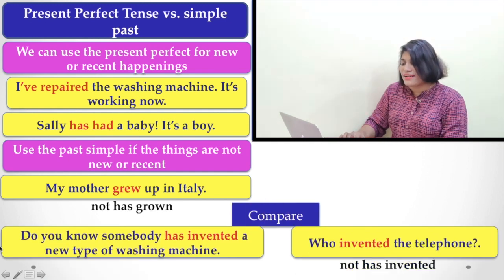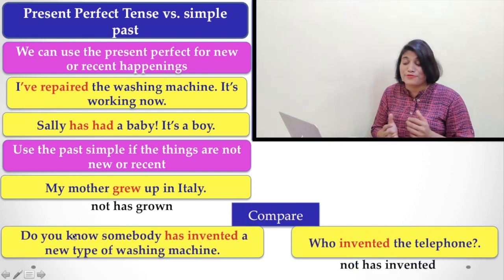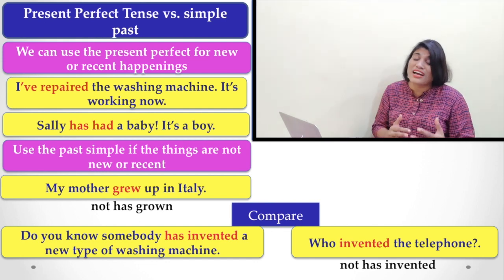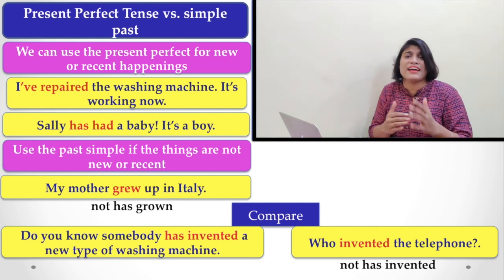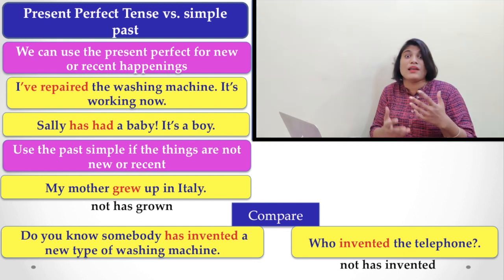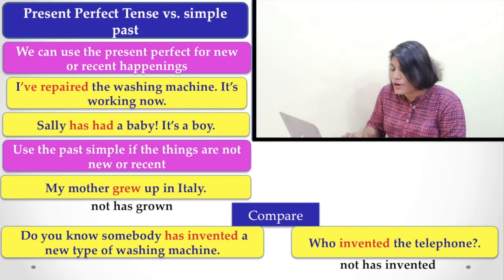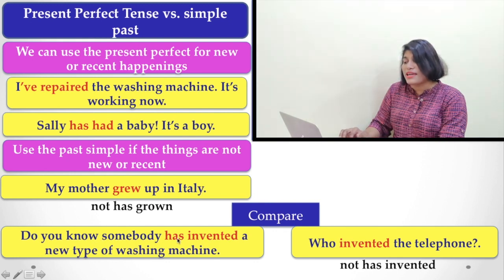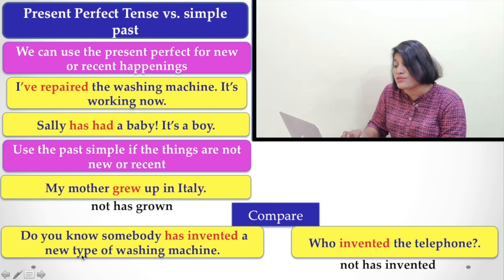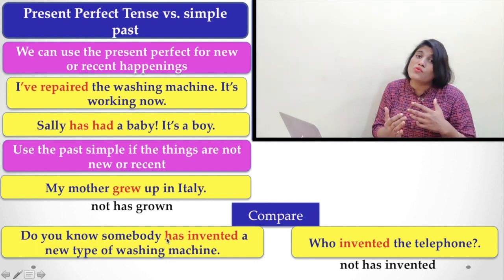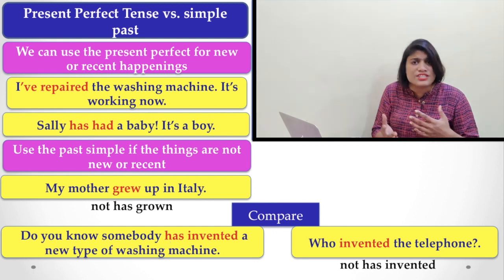Similarly, here is more comparison structure for you. I think this PowerPoint presentation and structure, all these I try to give you, may help you a lot to understand everything more clearly. So here also, do you know somebody has invented a new type of washing machine? I'm talking about a very recent invention.